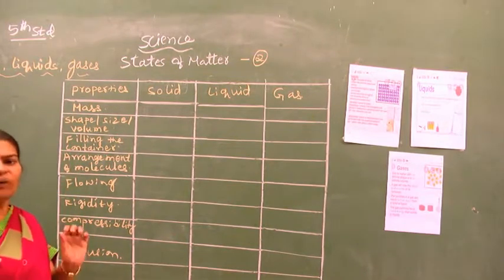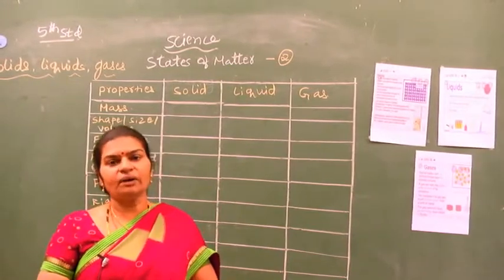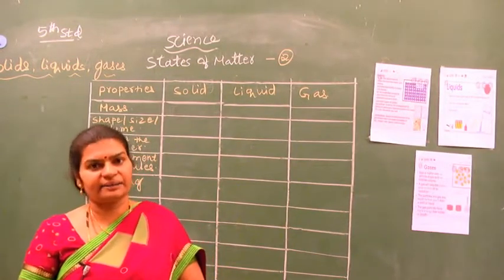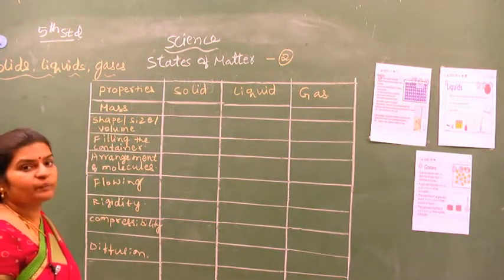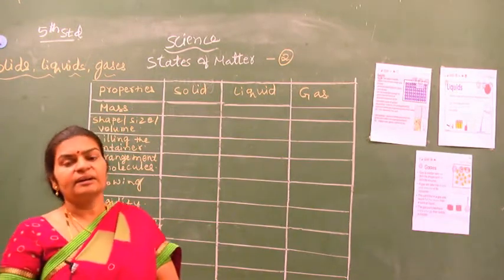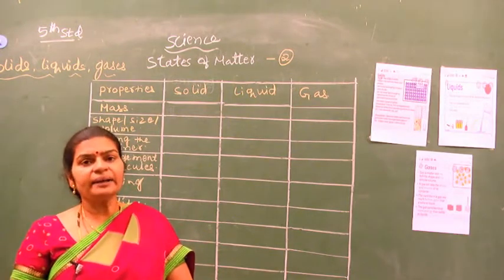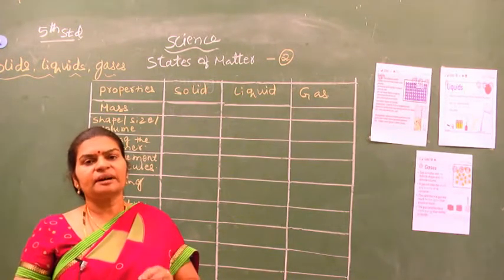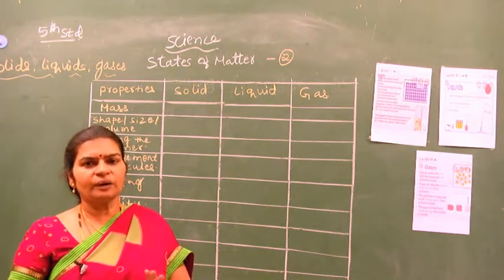Now today, one by one, we shall learn the properties of solids, liquids and gases. The first one is mass. What is mass? When we consider any matter, the matter has mass. The mass is measured in terms of weight.